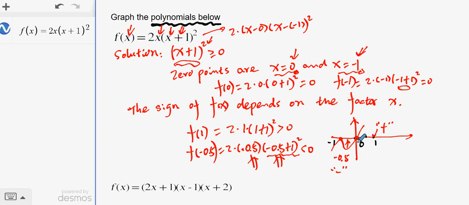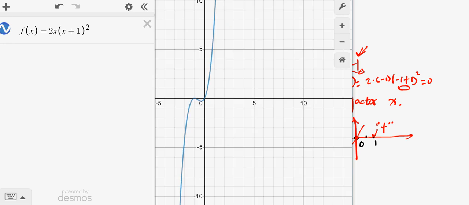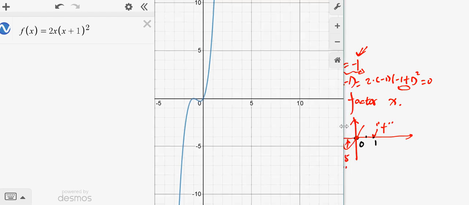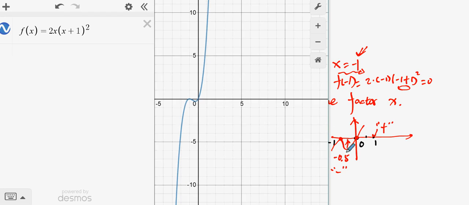Okay. Then when you plug 2x times (x plus 1) squared into the Desmos calculator, you see the picture? How do you like the picture we get here? From 0 to the right-hand side is positive.